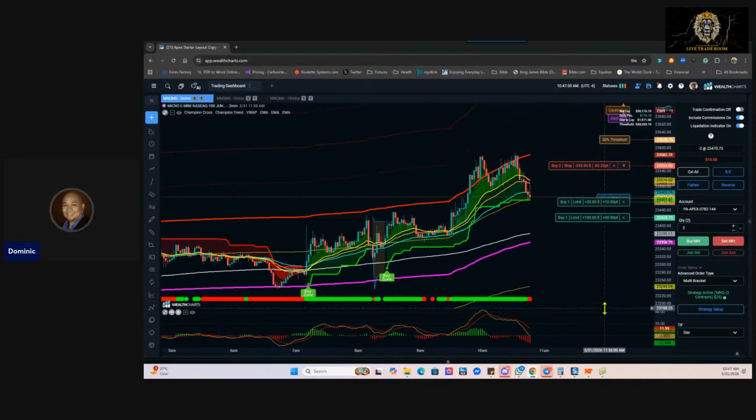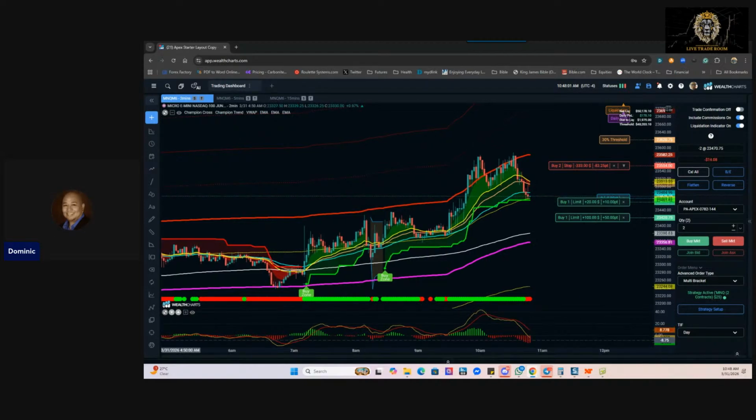Where do I have the swing? Hopefully it doesn't bounce off there. There we go. Come on. We didn't break that. You can see on the MACD here, it's still going down.